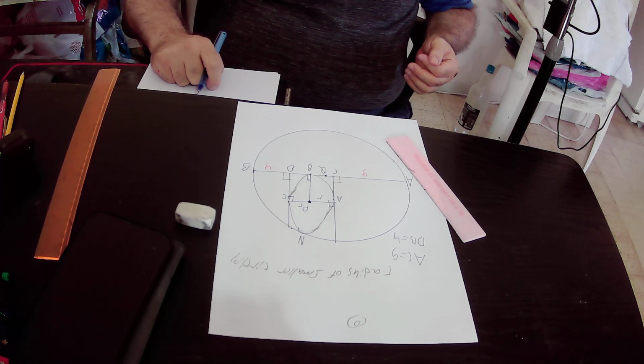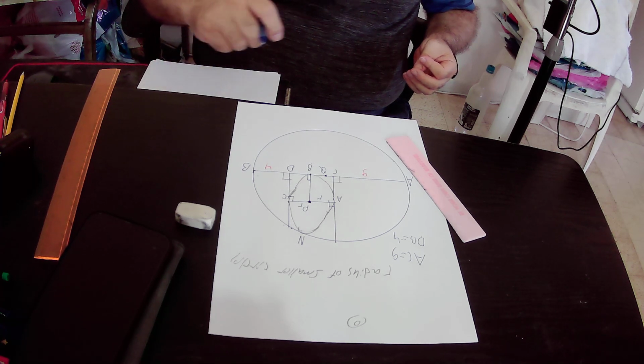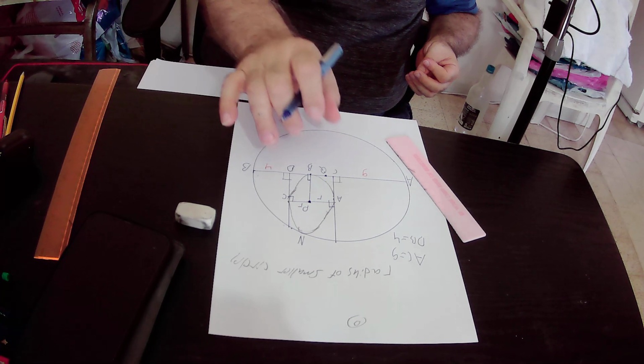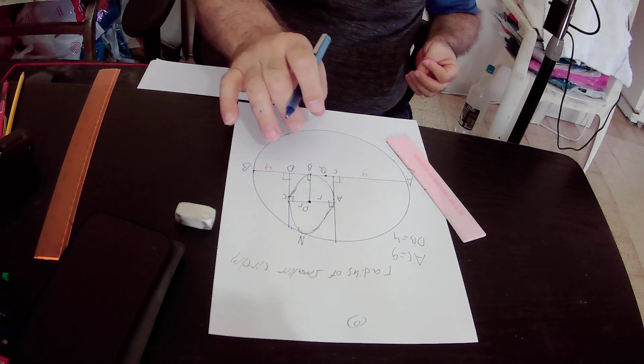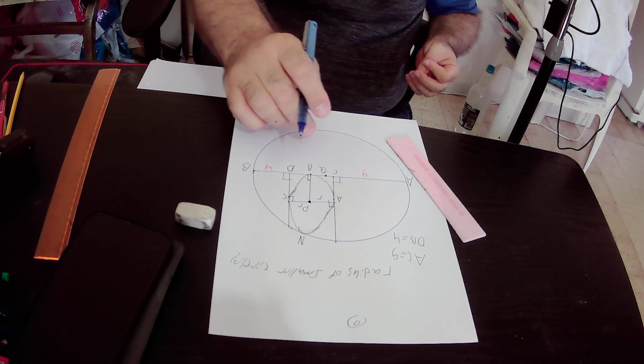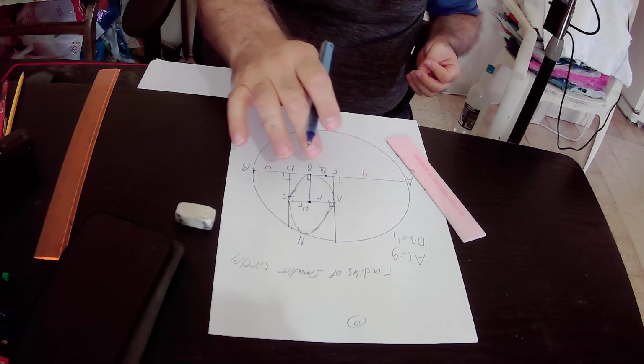Okay, let's define. So actually CB is the radius. Here we have a rectangle.